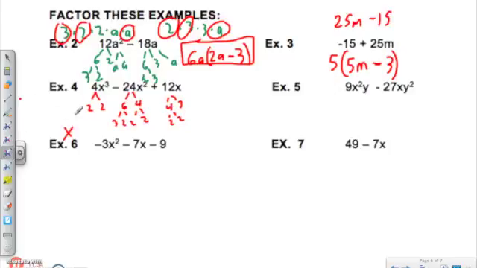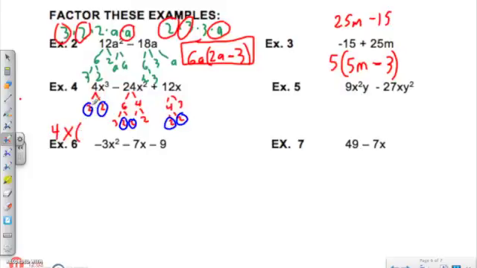So if I'm looking for my common factors, I have a 2 in everything. Now I remember I have to check all 3 terms. I have another 2 in everything. And that's going to be it. I do have a 3 in this one, and I do have a 3 in this one. But because I don't have a 3 in the first term, I'm not going to be able to pull that out. So I'm pulling out a 2 times 2, which is going to give me 4.